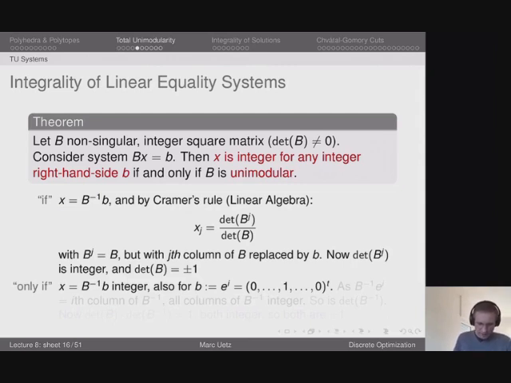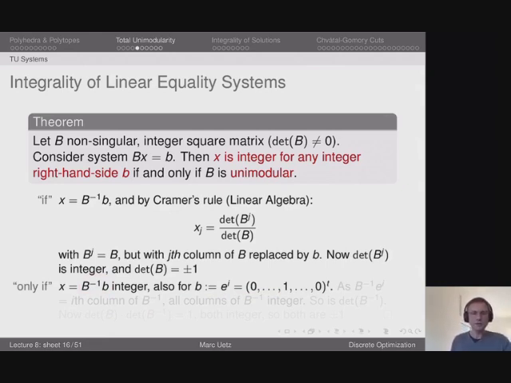Well, if we know that the solution x is integer valued for any right-hand side little b, then it's in particular integer if I take as right-hand side b a unit vector. But what is the inverse of B times the ith unit vector?